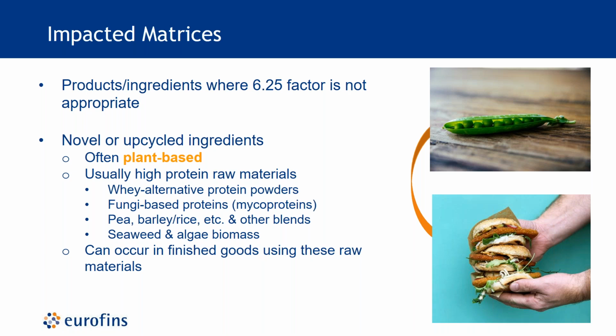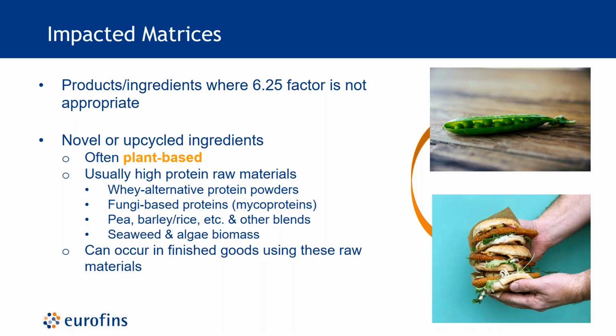So you typically won't see this issue in high protein materials that have been tested historically and fit this factor very well. But when you start looking at the plant-based materials in the market, the novel or upcycled ingredients, this is where the issue occurs because those weren't historically tested. The factor was not considering these new matrices that we have in the market because our diets and trends in the market have evolved.